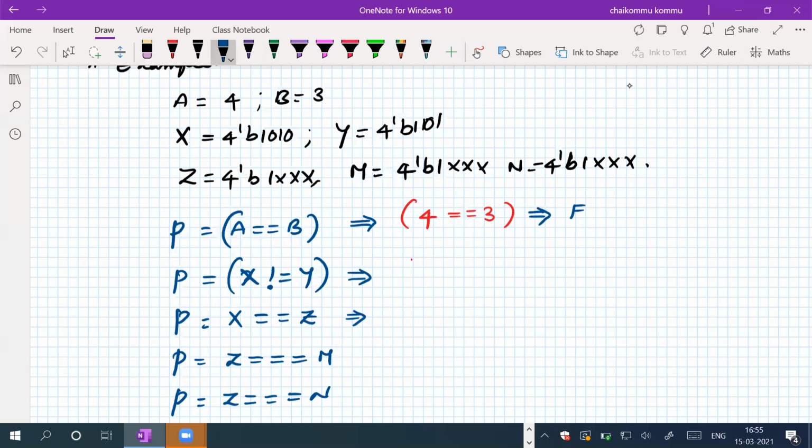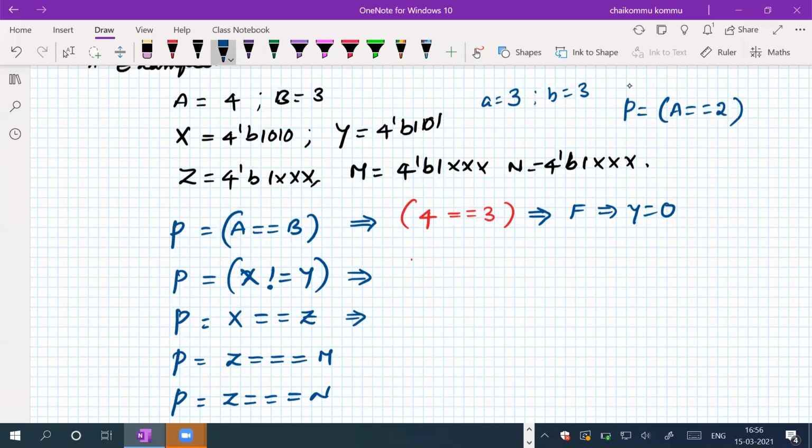Okay, so for example, A is equal to 3 I have given, and B is also 3 I am giving. Then what will happen? 3 equal to 3, that is true, therefore true information will be given. For example, P is equal to A equal to 3, unknown, 2, unknown, for example.